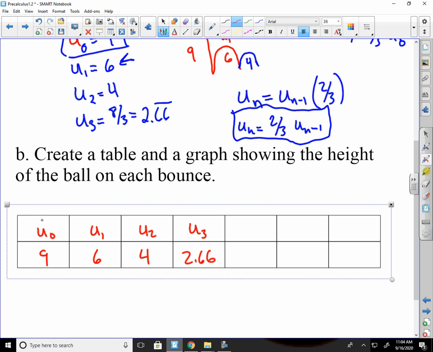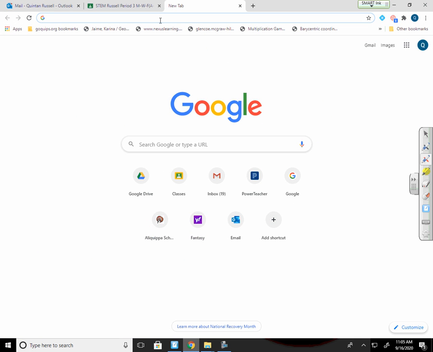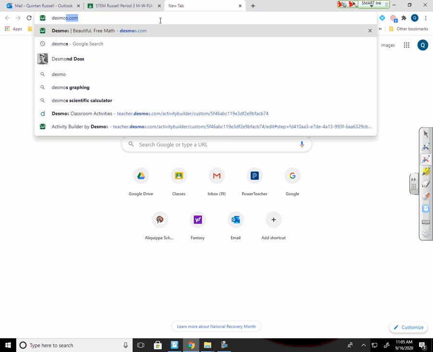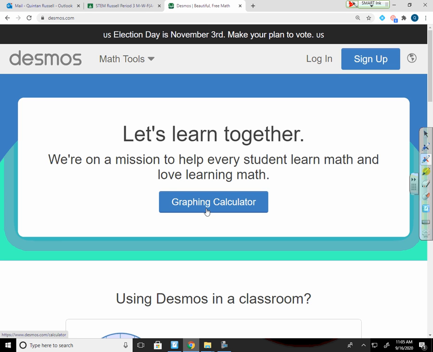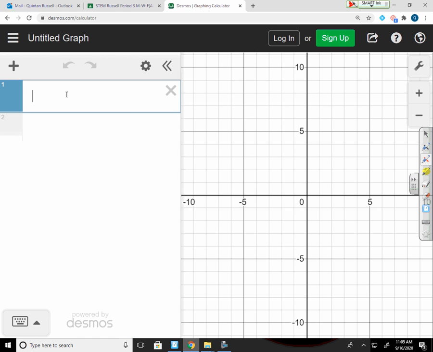Now, how do these terms of the sequence relate to a graph if I was to graph it based off of this? So I'm going to pull up Desmos. And I'm going to put the graphing calculator. And I'm going to start plotting these points.